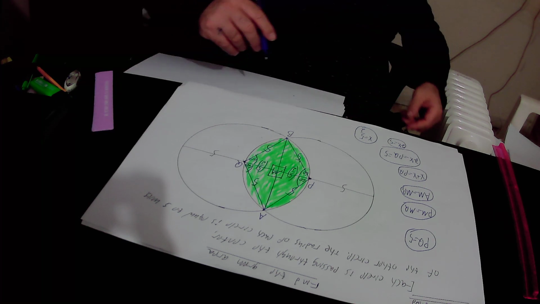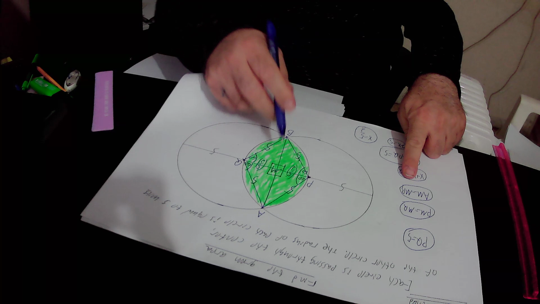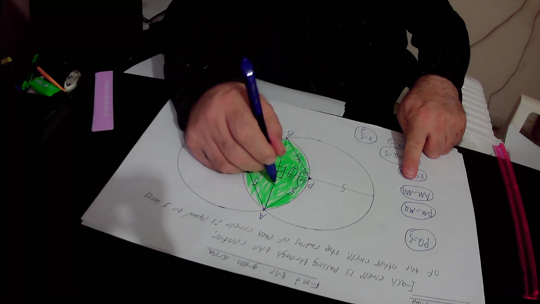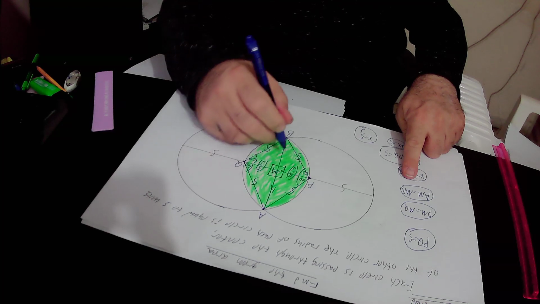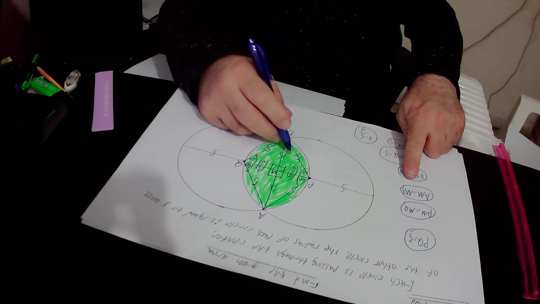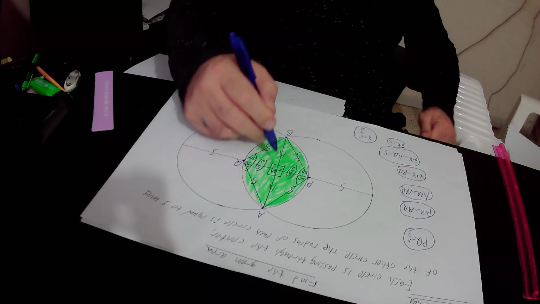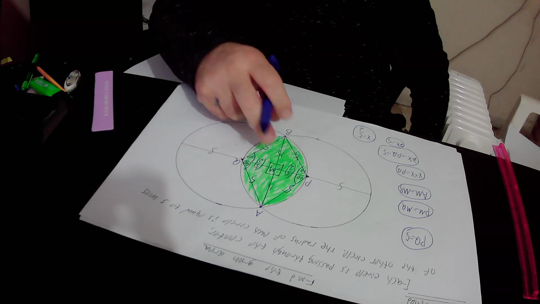Here we have already found that AM equals MB. If we define AM as h, then MB is also equal to h, because they are equal to each other.